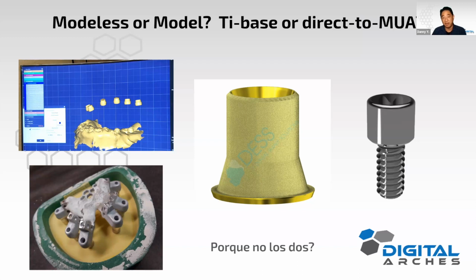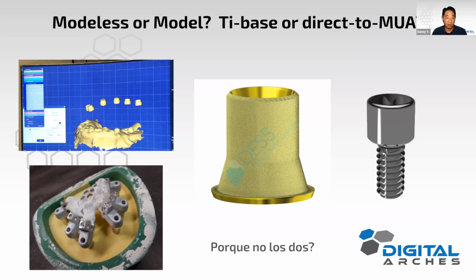And then people are always debating like, oh, tie bases are bad, or we shouldn't be using them, or everybody should be using tie bases, or we should go direct to MUA with both zirconia imprinted. Well, again, why do you have to be forced to choose one or the other? Just because you can't have a model makes your feelings very strong in terms of not using tie bases, right?